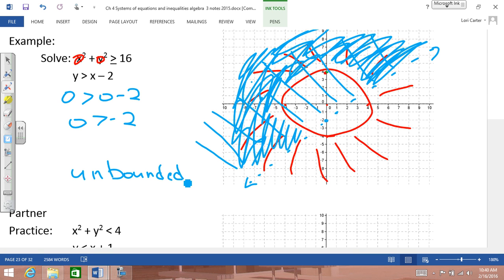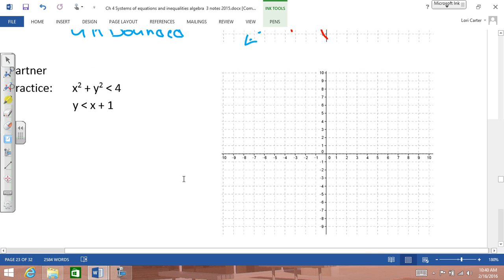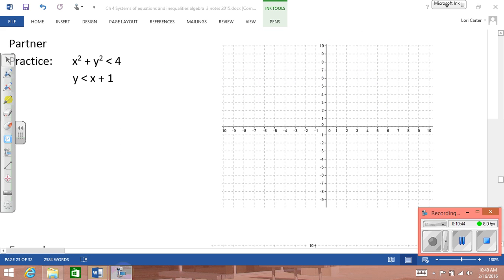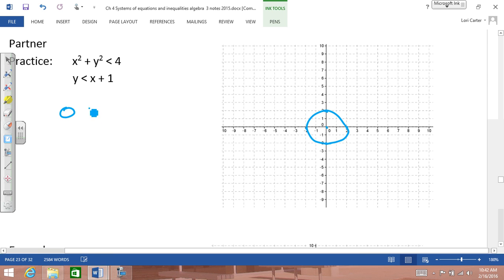Next practice. What are you graphing? A circle and a line. You plugged in 0, 0, and you said 0 plus 0 is less than 4. You said 0 is less than 4 is true. Agreed? Which is right here.